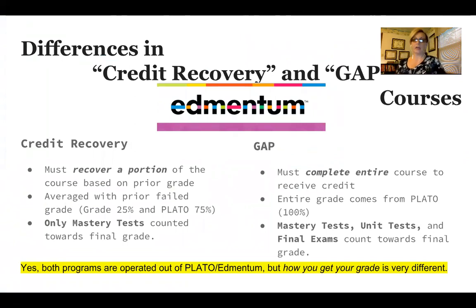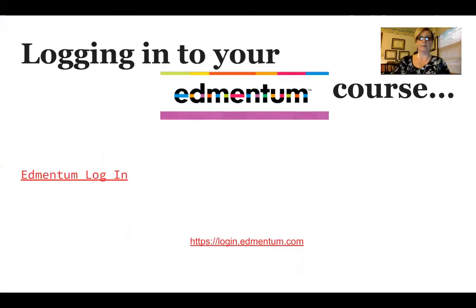The entire grading in GAP comes from Plato, from the very beginning to the very end. In credit recovery, only mastery tests counted towards a final grade, but at GAP, mastery tests, unit tests, and final exams count towards the final grade. So they all go together to give us a picture of what you actually understood. Yes, both programs are operated out of Plato and Edmentum, but how you get your grade is very different.